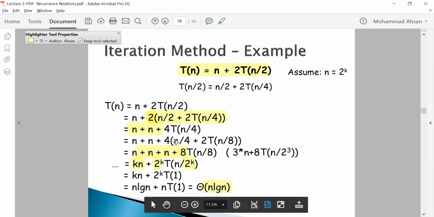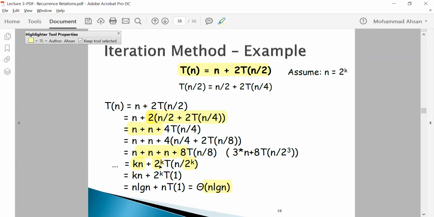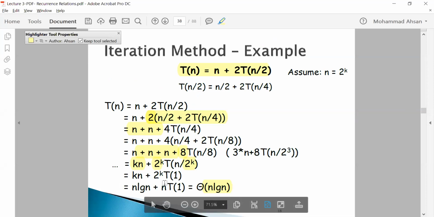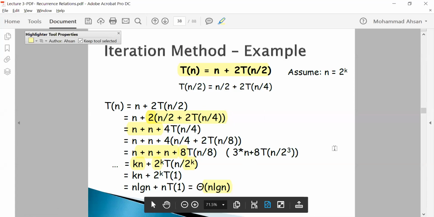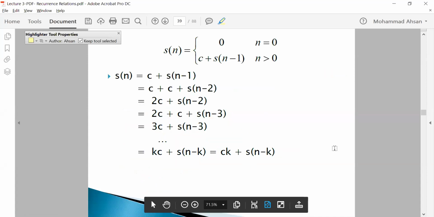And then when you expand, you get k times n plus 2 to the power k tn by 2 to the power k. And when you do the substitution, n is equal to 2k here. And then you get kn plus 2 to the power k. Okay, k is log n, log n plus n. From the graph, n log n is greater, so you get that.